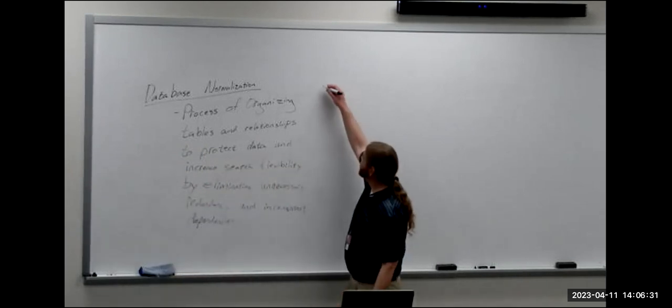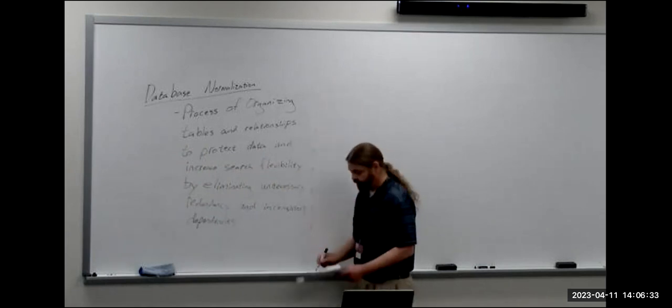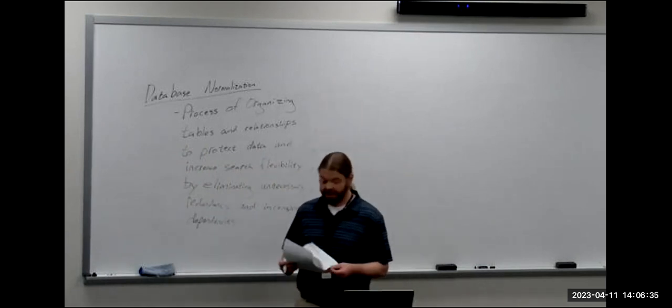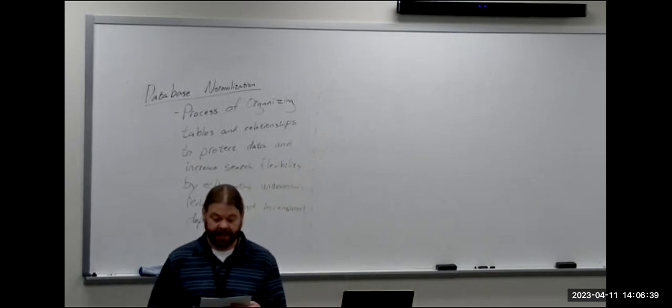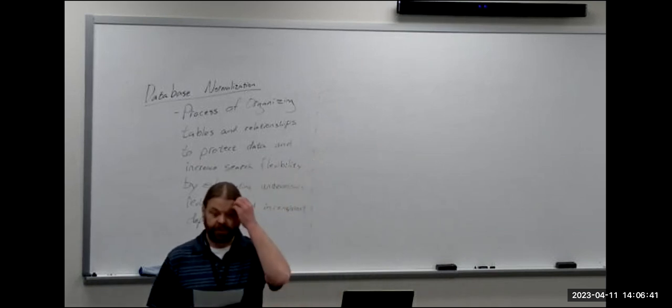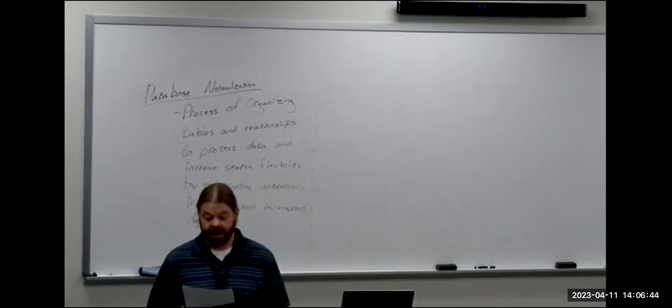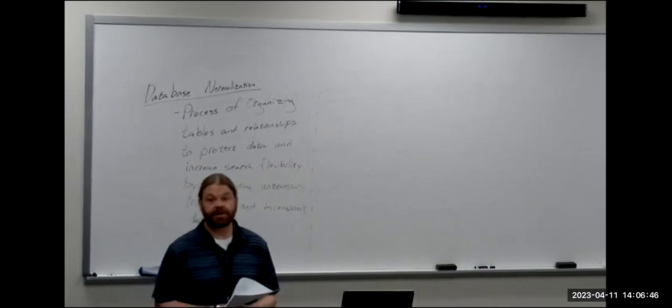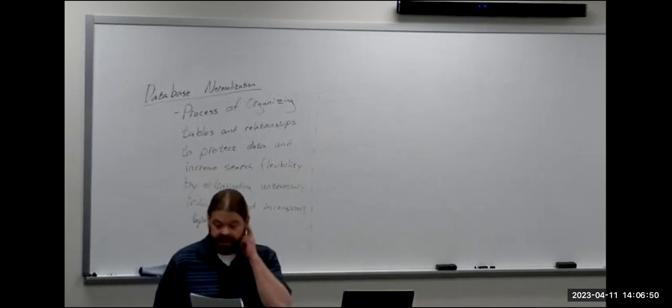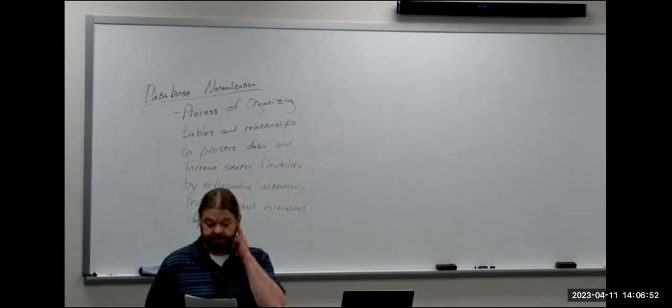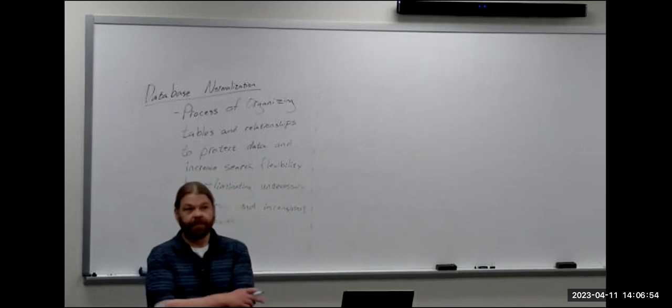So got some clarification to do on that, obviously. Well, I guess clarification, we could put it in one word. We want to optimize it. We want our data to be secure. We want to be able to search reliably and as quickly as possible. And normalization is how we do that.